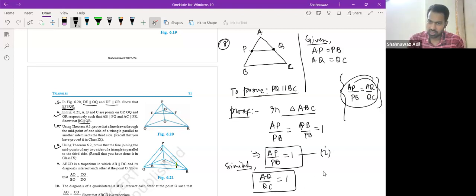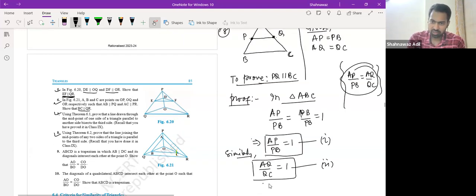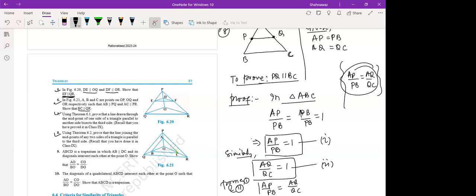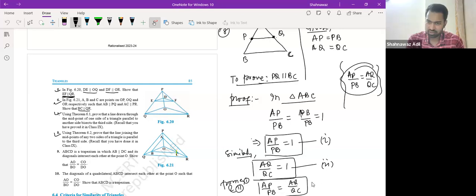So looking at the first and second equation, we can say that AP by PB equals AQ by QC. Which says that PQ is parallel to BC, by the converse of theorem 6.2. So we have used theorem 6.2 and we have proven that this is parallel.